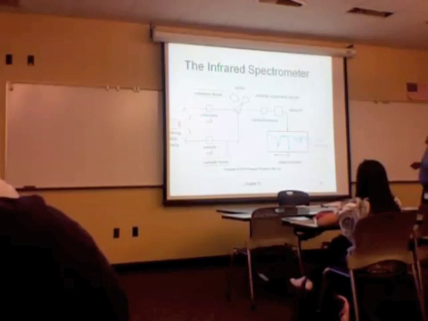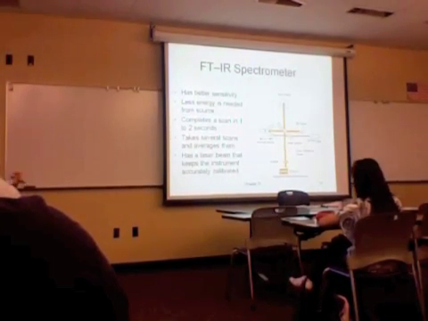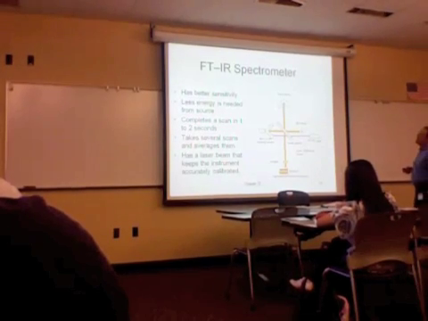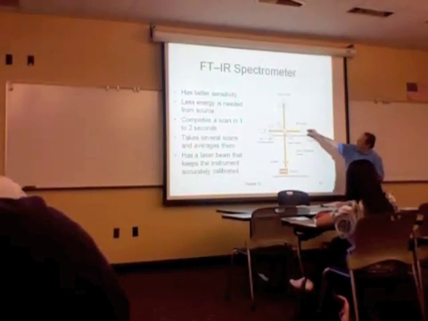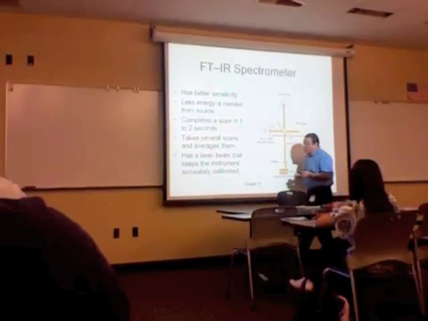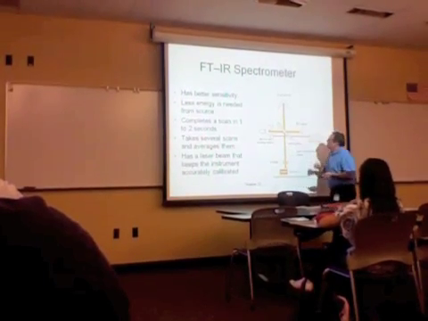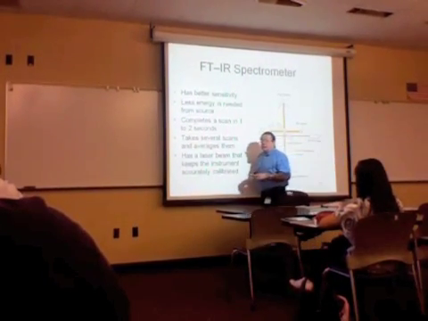Today's instruments are much better by comparison. This is the design of the modern Fourier transform IR, or FT-IR. Again, we have a glowing wire as an infrared source, but along with the radiation coming from the glowing wire, right alongside of it is a laser beam.